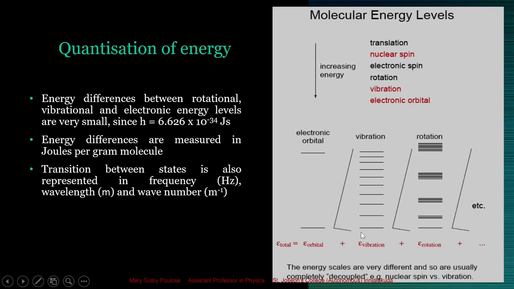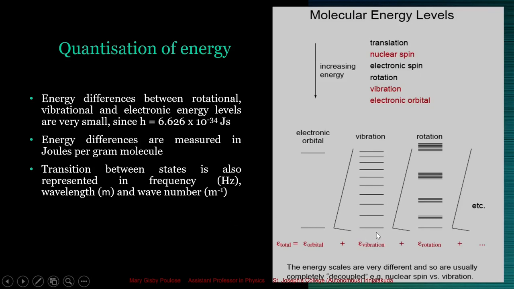Now, near the ground state of the vibrational energy levels, the rotational energy levels exist. All these energy levels are located at this point. So the rotational energy levels are far smaller than the vibrational energy levels.